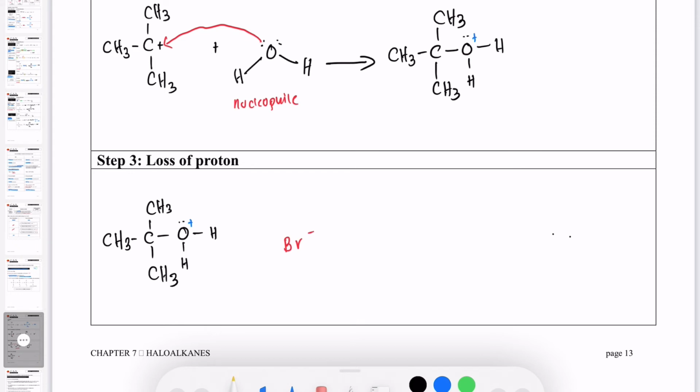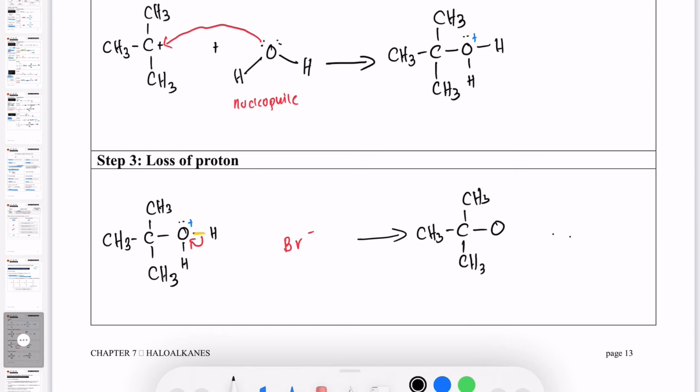Apa yang berlaku, bond ini dia pecah dan dia bagi kepada O. Tu kita akan dapat CH3, CH3, CH3, OH.